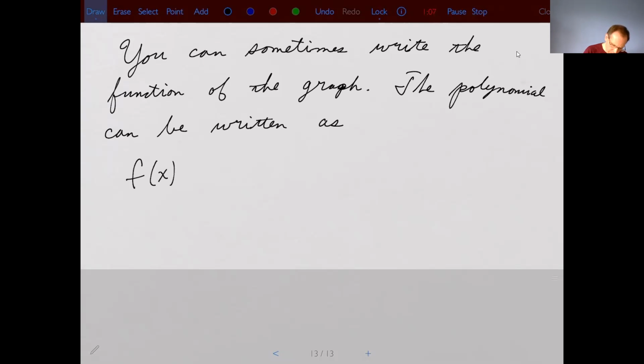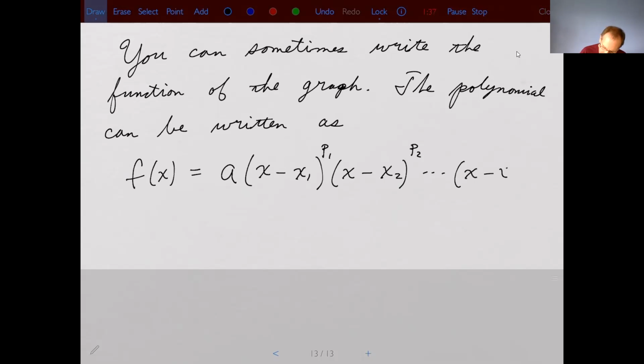You can write it as f of x equals, there's going to be some constant out front, I'll call it a, that we'll have to figure out later. And then it's going to be x minus x1, where x1 is like your first root, to some power, we'll call it p1, and then x minus x2 to p2, dot, dot, dot, right? It depends how many factors you have, all the way to x minus xn to the pn.